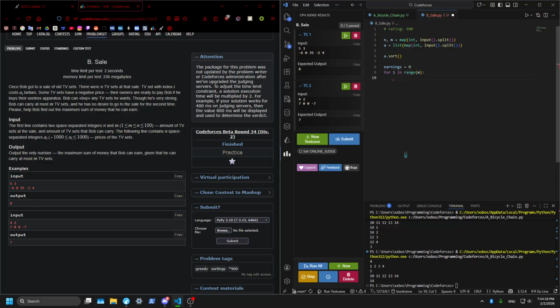For i in range m, earnings, if a_i is negative, is less than 0.